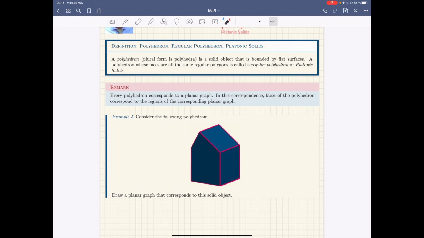So a polyhedron, plural form polyhedra, is a solid object in 3 dimensions that is bounded by flat surfaces, like rectangles, for example, or pyramids, prisms. A polyhedron whose faces are all the same regular polygons is called a regular polyhedron or Platonic solid. Not solids. Platonic solid, okay?